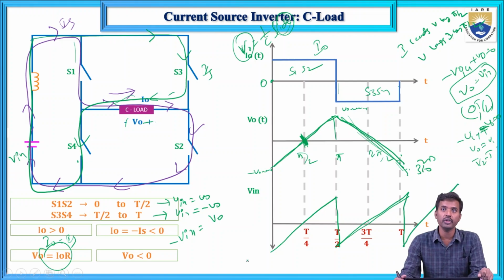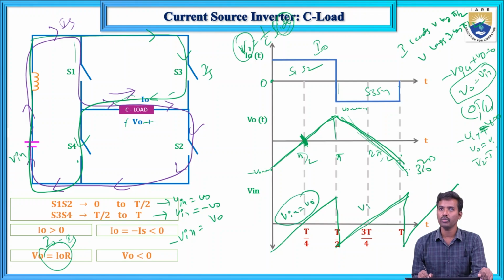Observe the input voltage and output voltage. Here V input equals V naught, here V input equals minus V naught. So it should be like this, but because of this equation it is minus V naught.